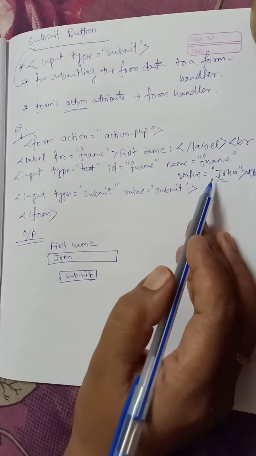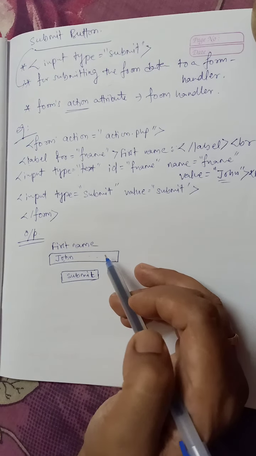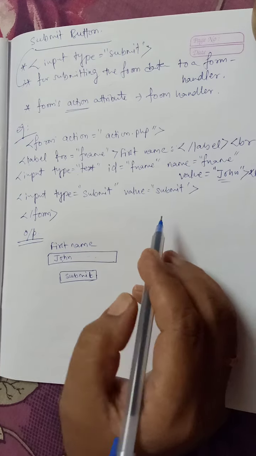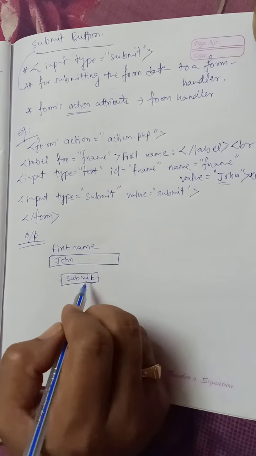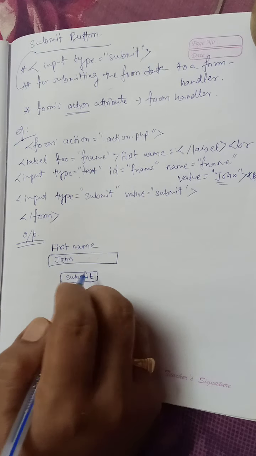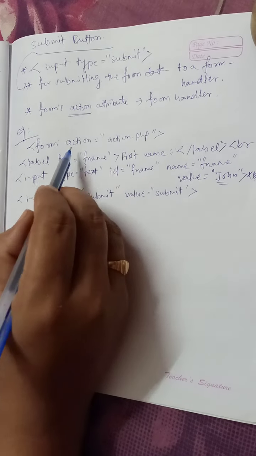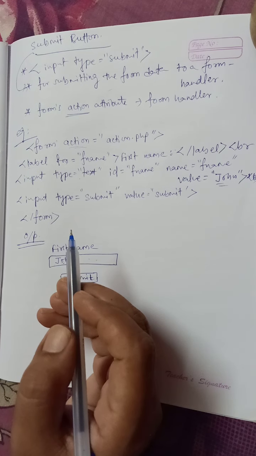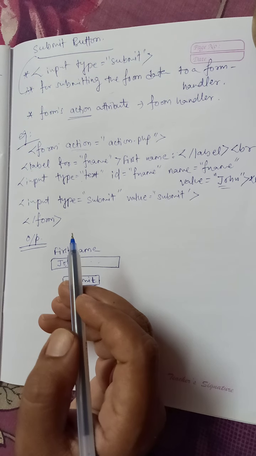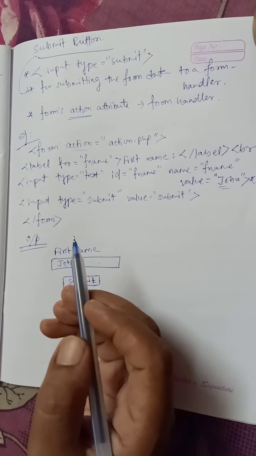So the default value is set here. Then the submit button, this is the statement, and this is my submit button. Now we have an action attribute here, so let's discuss that, what the action attribute is and some details about it.